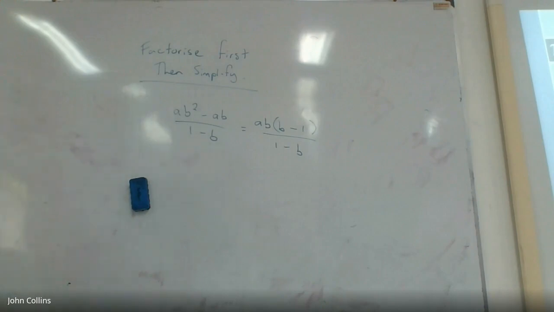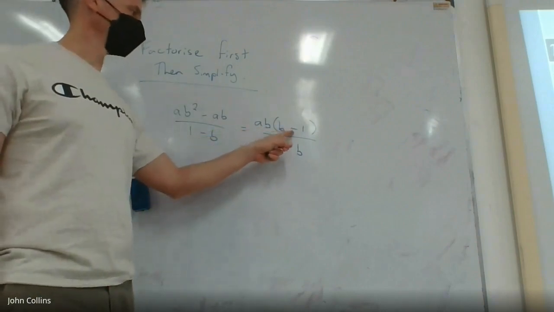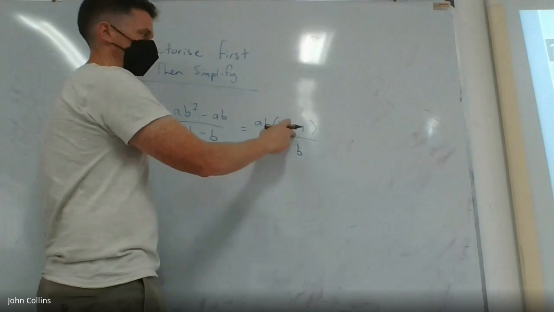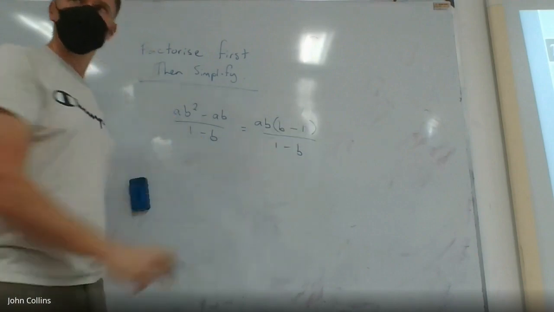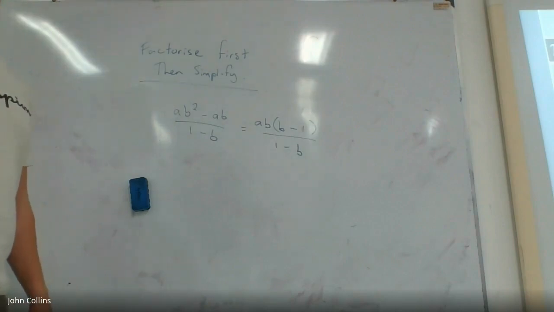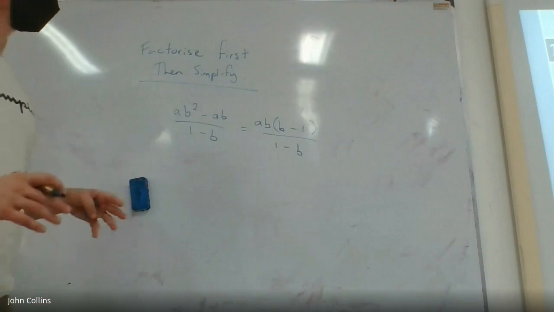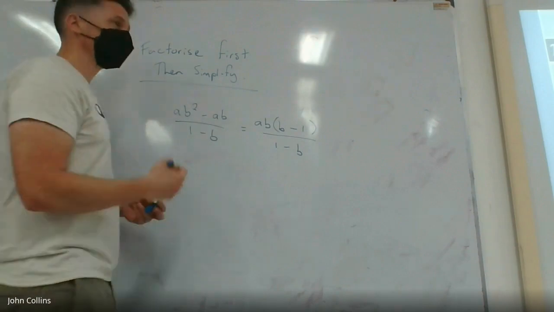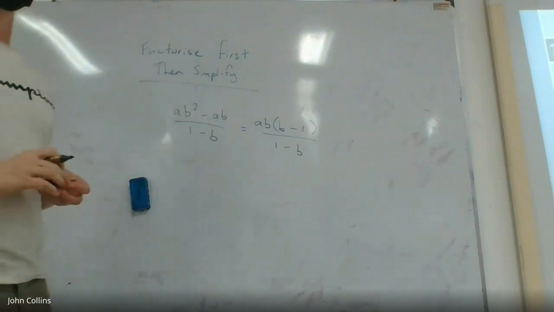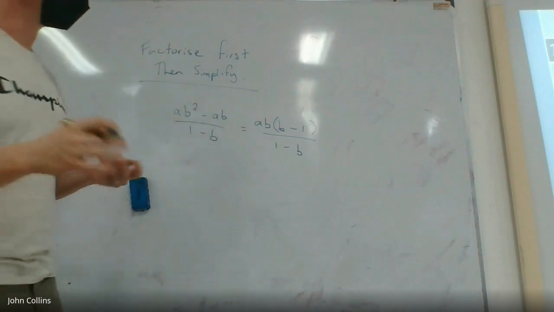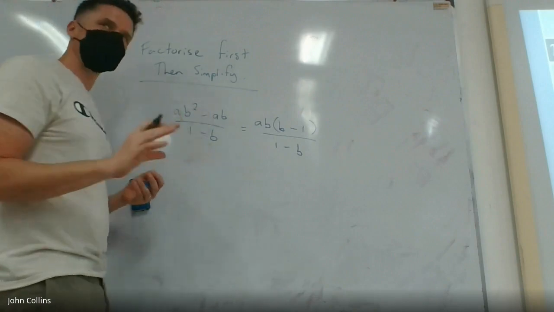I want to force this one or this one to look like the other one. At the moment, that's positive B, that's negative B, that's negative 1, that's positive 1. We can't cross multiply, but you do have to get it. If I multiply something by -1, it does change it.